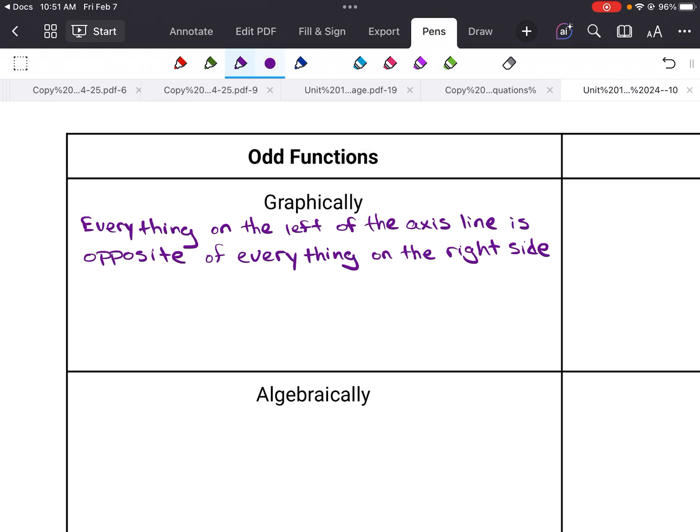So what that means is if you move over 1 from the axis on the right side and you have an answer of positive 2, and then move over 1 to the left of the axis line, the answer will be negative 2.